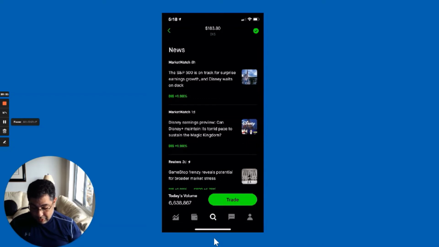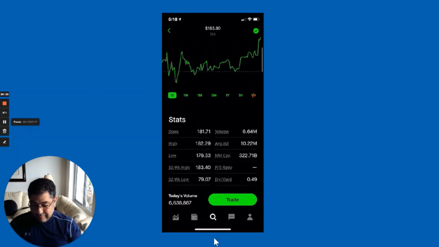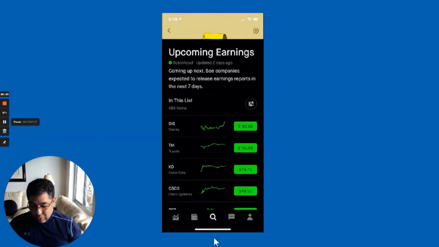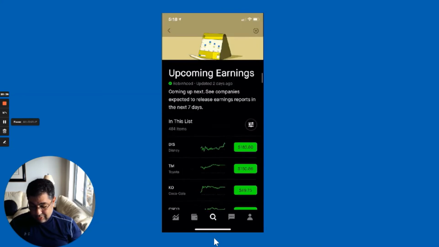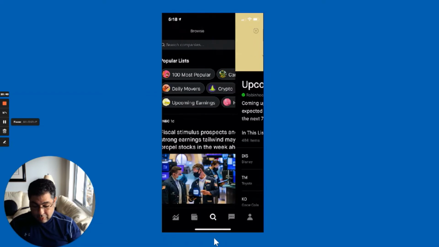Disney earnings preview. Disney Plus maintains torrid pace to sustain Magic Kingdom, and it's put a question mark. So anyway, these are upcoming earnings. Okay, so that's very useful in the next 7 days. So I'm gonna go back.